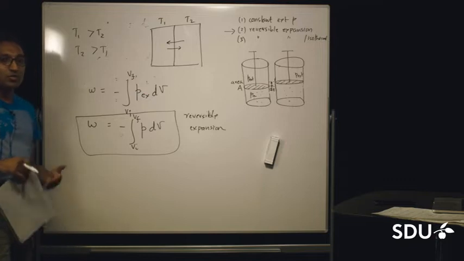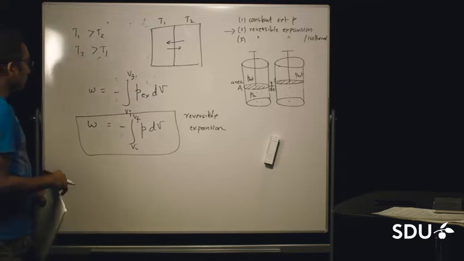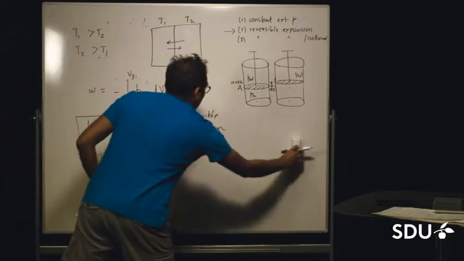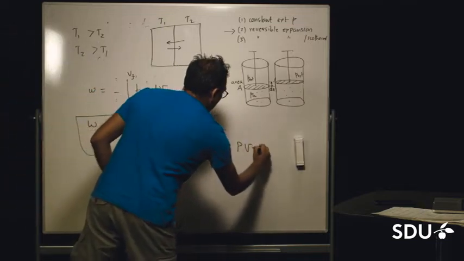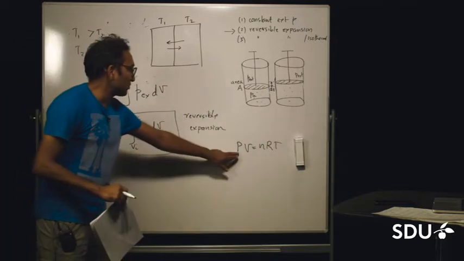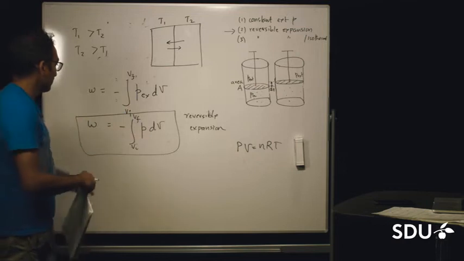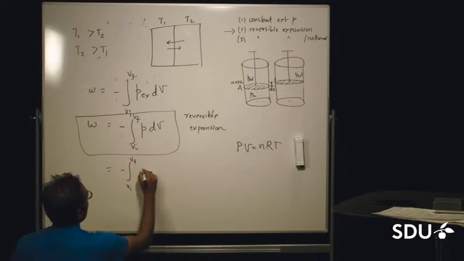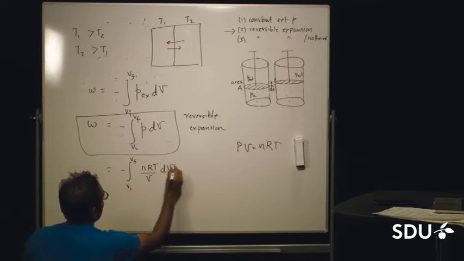If the expansion also takes place isothermally, then this expression can be simplified. We remember that PV equals nRT from the ideal gas law, and then we can substitute P into this equation. So we can write this as the integral from the initial volume to the final volume, and instead of pressure we can write nRT by V multiplied by dV.